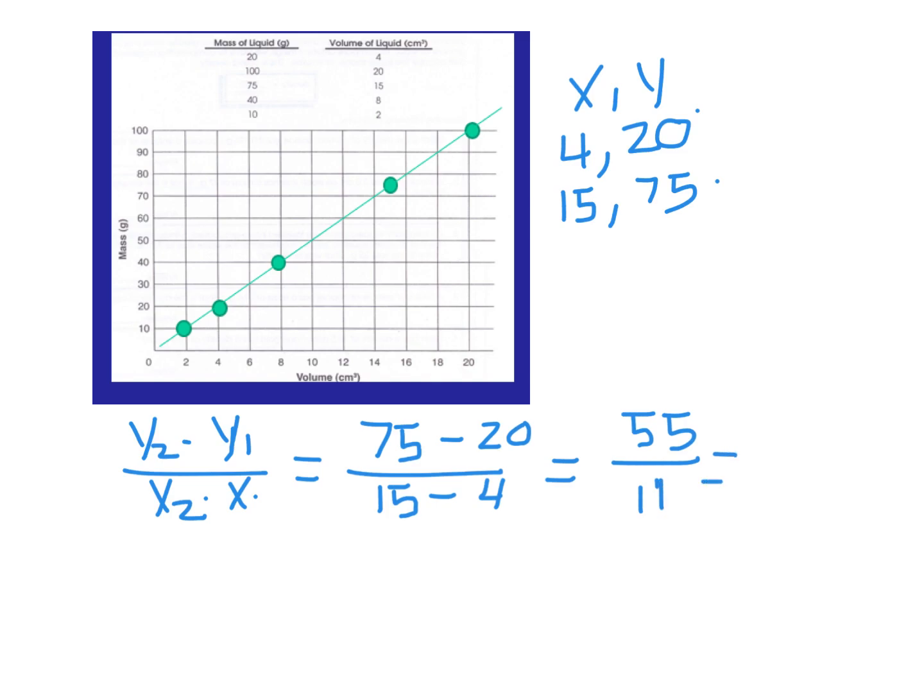Go ahead and use your calculator to do the division. Our density is 5. And we always want to include our units. So we have y over x. So this is in units of grams per centimeter cubed. I'm going to run out of space here. Okay, so that's our density.